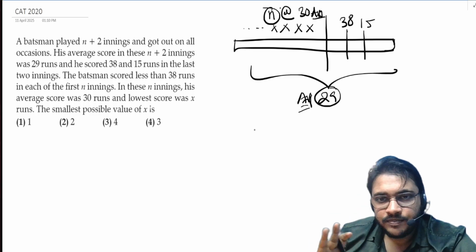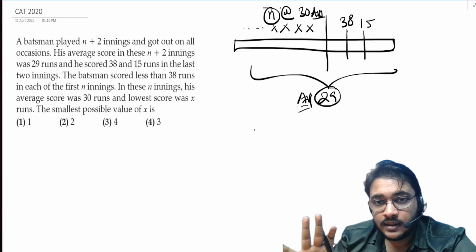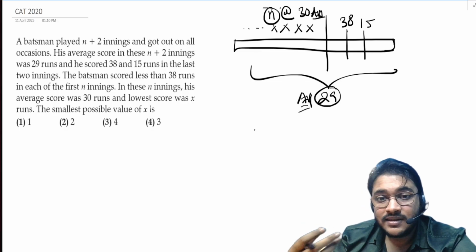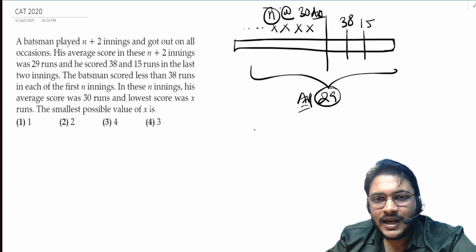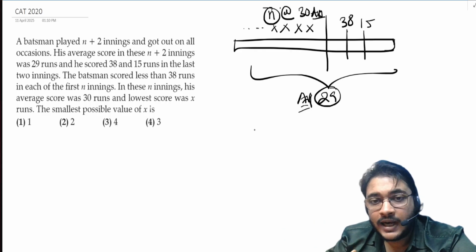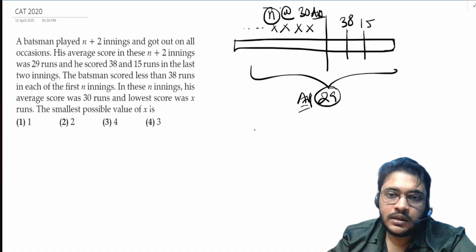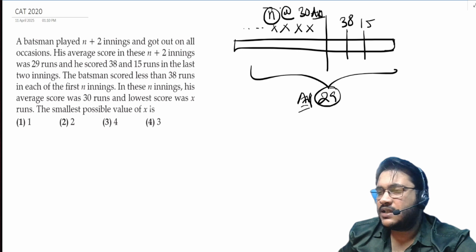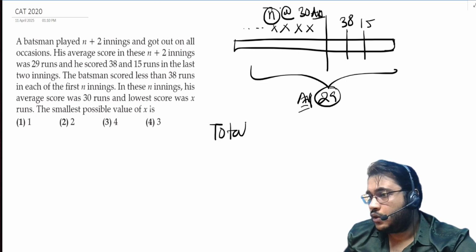The average of the entire n+2 innings is 29, that is given in the question itself. Remember, I have taught you in the classes that whenever we have a situation like this, where something is added to the average, or persons are leaving or joining a group, we cannot just add or subtract the averages. We need to add or subtract the individual terms from the sum total. Over here, the sum total will be the total score of the batsman.